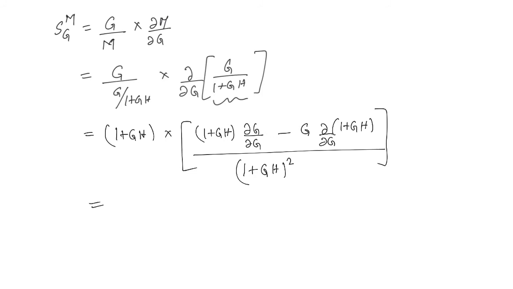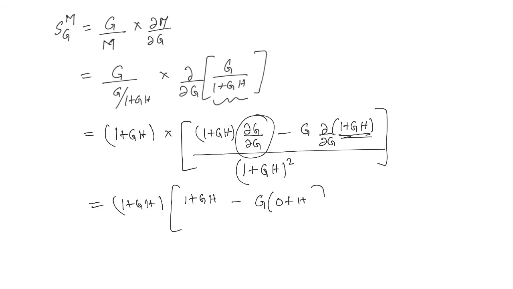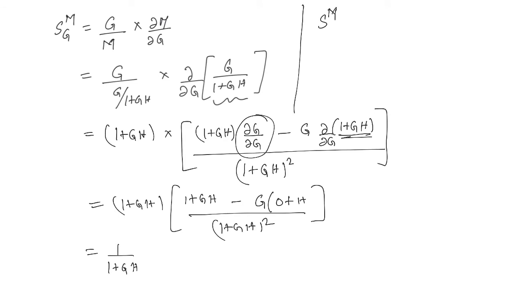So you will get (1 plus GH) into 1, since ∂G by ∂G is 1, minus G into H, since ∂/∂G of (1 plus GH) is 0 plus H. So you will get this as 1 by 1 plus GH. This is for a negative feedback closed loop system. What about the sensitivity of the transfer function with respect to G when it is an open loop system?